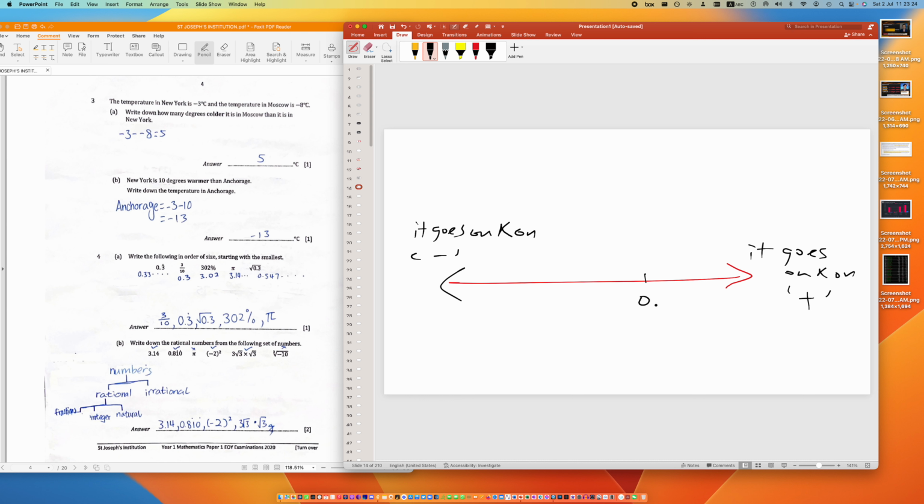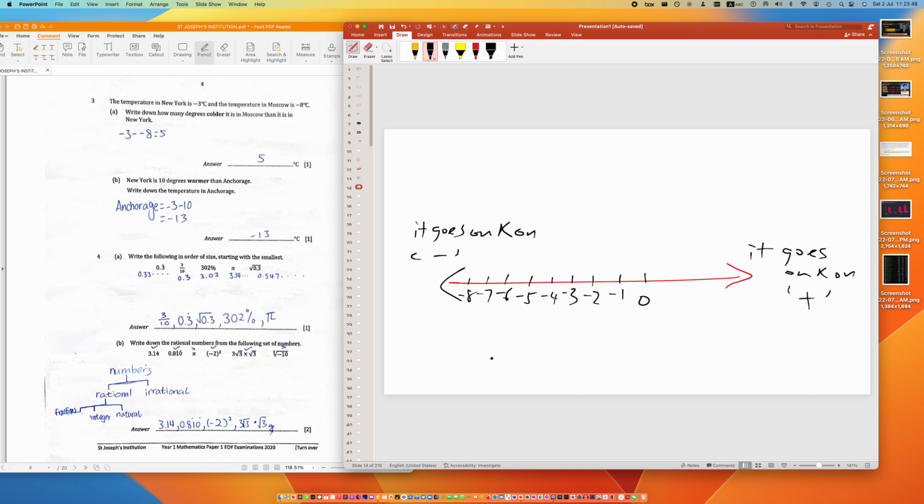It really depends whether you need more negative numbers or more positive numbers. In this case I need more negative numbers because I need to label negative 3 and negative 8. So I start with negative 1, negative 2, negative 3, negative 4, negative 5, negative 6, negative 7, negative 8. Of course I don't have to label more than that because I don't need them.